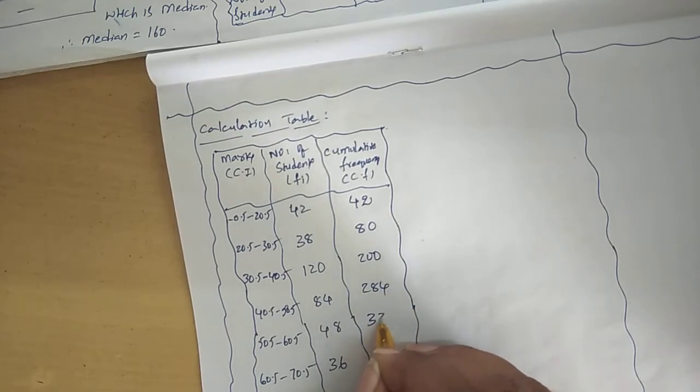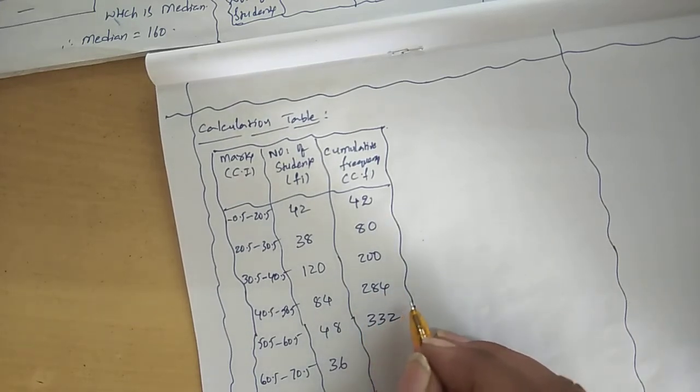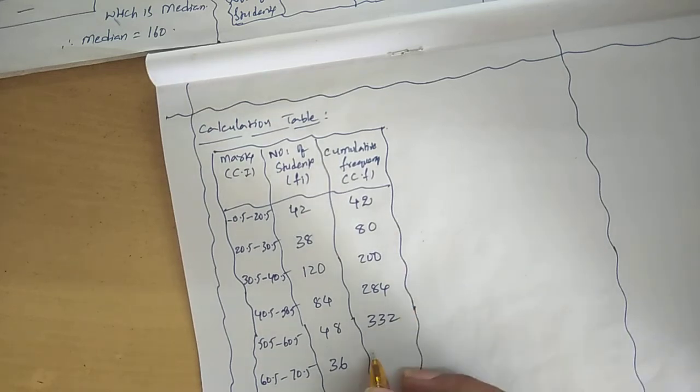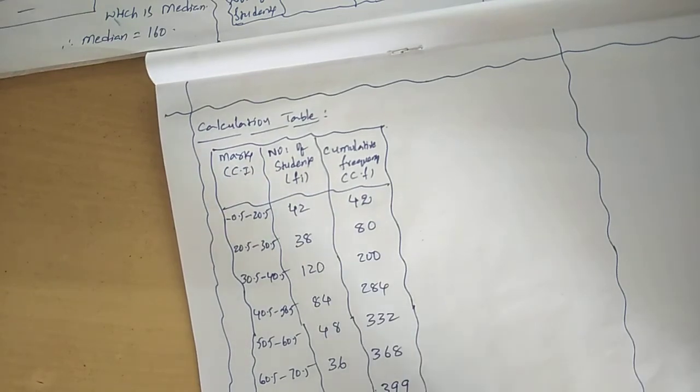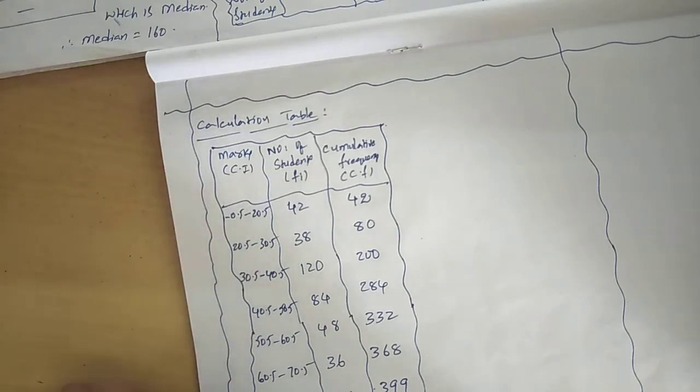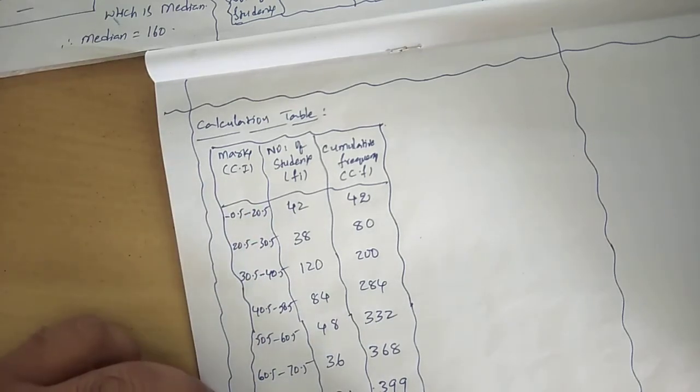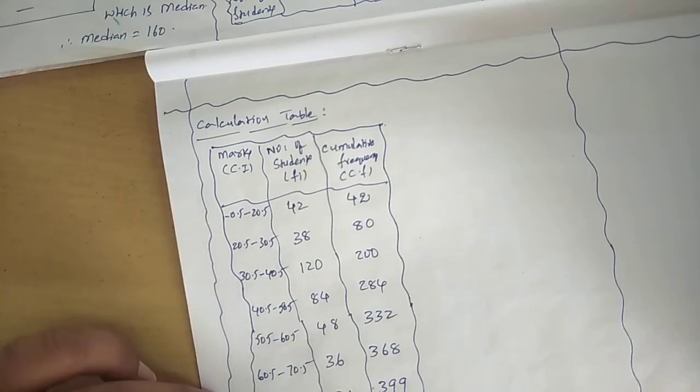Next 332. Next 368. Next 399. So this total should match. Here also, the total of the frequencies, n, is 399. So it matches. That means our cumulative frequencies are correct.